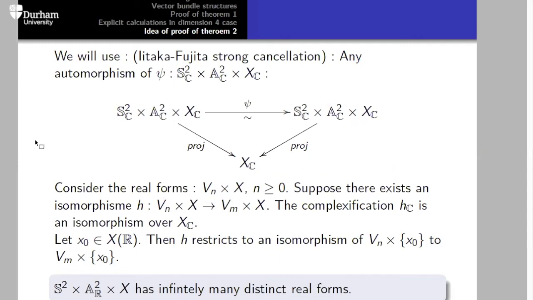Well, so that's the whole story. And I just want to make some concluding remarks about it. First of all, what did we do here? We used the obstruction between finding isomorphisms between the real forms, which is, in our case, topological.